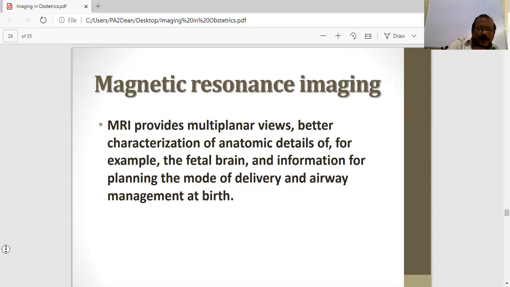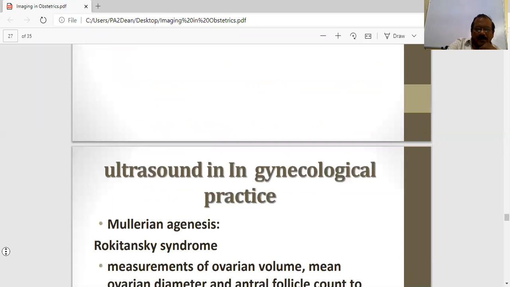The MRI helps in doing this, where we get the image of the fetal brain and information for planning of mode of delivery and airway management for those conditions. MRI is the best.